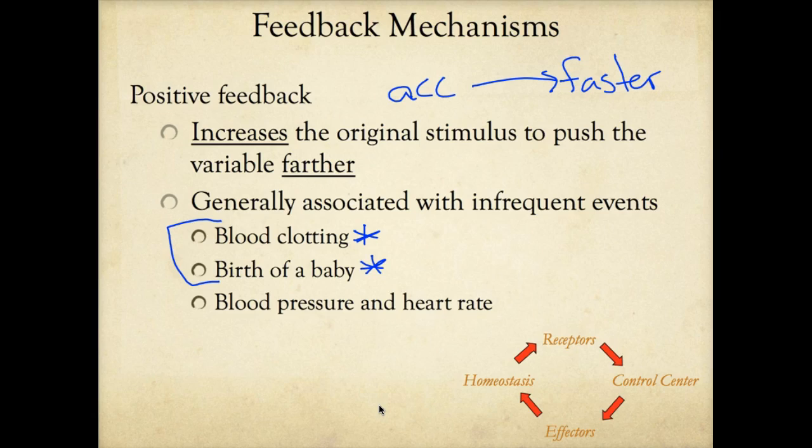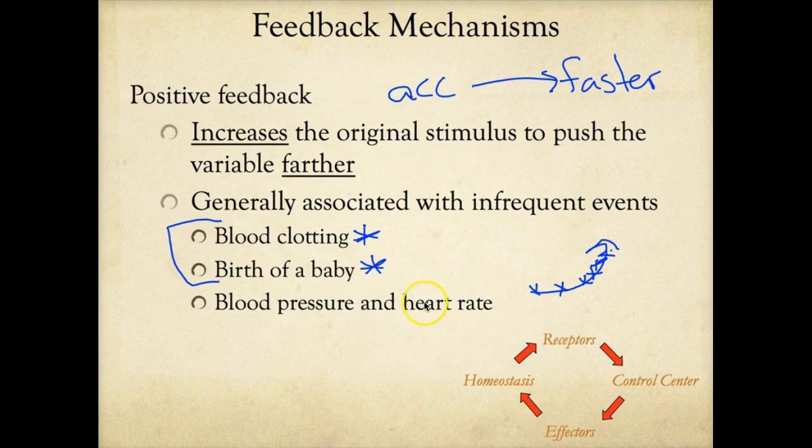So to get the baby out, the contractions around the uterus become greater, stronger, and more frequent to help push that baby out. That's a positive feedback. I'm continually increasing the initial stimulus. So I have a contraction that's very small a few times, then I get another contraction, then I get another contraction, and stronger and closer together, and so that's positive feedback.